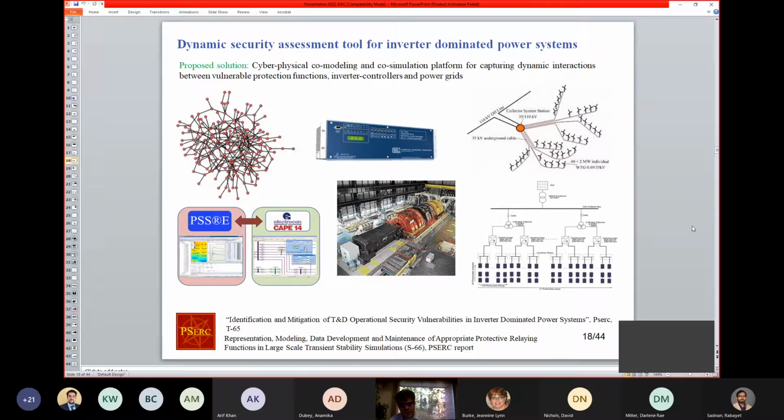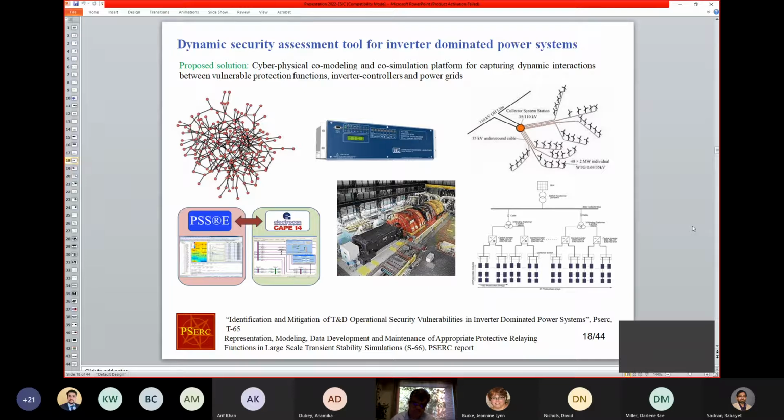So this is a project that we have been working on for the last several years, and recently, actually, it started last summer. We have a PSEC project working on these aspects. How do we develop the dynamic security assessment?